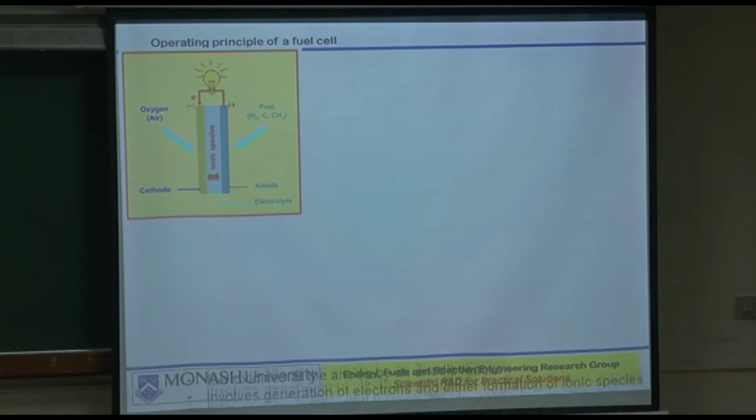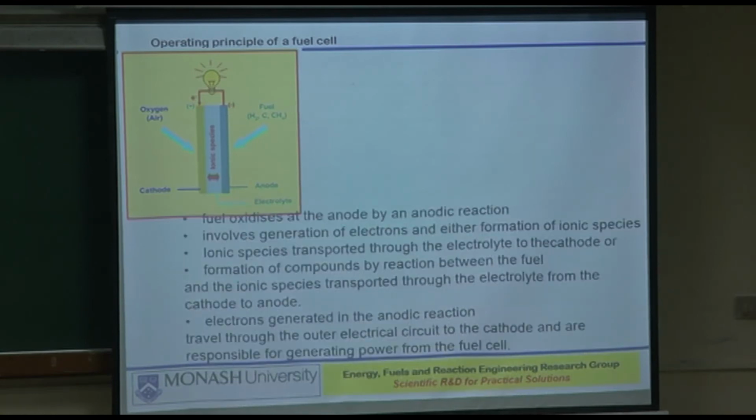So to summarize, fuel gets oxidized at the anode surface, and then it generates the electrons, with either formation of ionic species, which are transported through the electrolyte to the cathode, or the formation of compounds by reaction between the fuel and the ionic species, again transported through the electrolyte from the cathode to the anode.